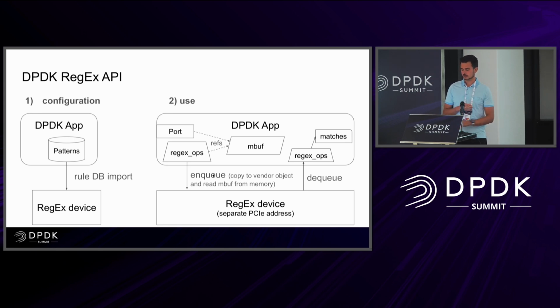In the enqueue operation, they are actually just copied to some vendor-specific object, and you are still reusing the regex ops. Then when the regex operation is received by the device, it reads the data that it needs to scan with the patterns it needs to inspect, and then it returns the results. It's an asynchronous API, so you enqueue the operation and then later you dequeue when the device returns the results.